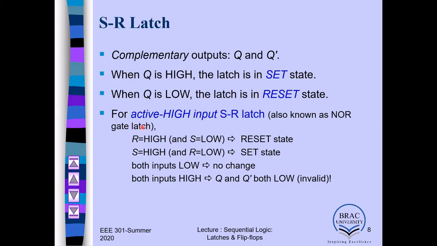For the active high input SR latch, which is also known as the NOR gate latch, if we have R high and S low, then it is reset state. If S high and R low, this is set state. If both inputs low, then no change. Both inputs high, then Q and Q prime both low means invalid. So in latches we have the invalid state.